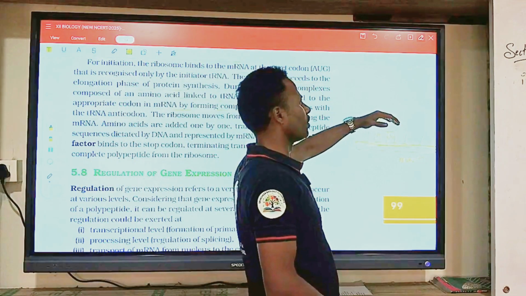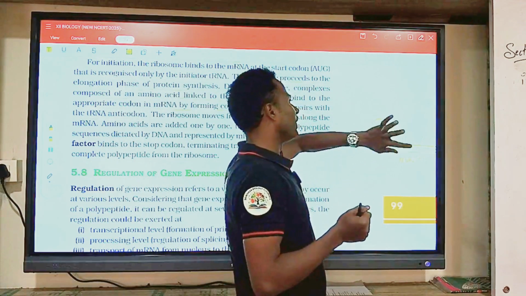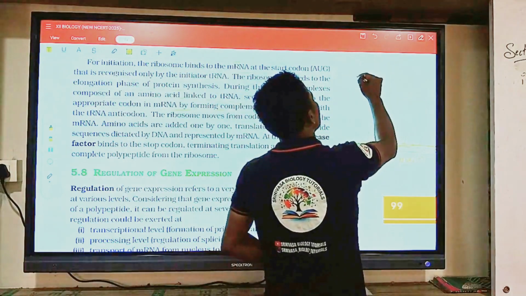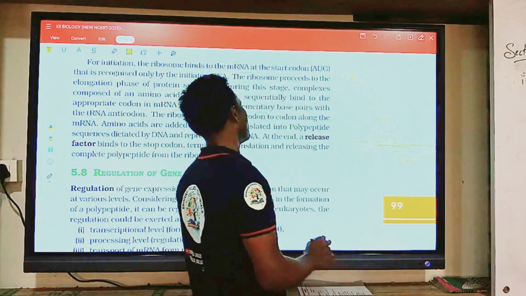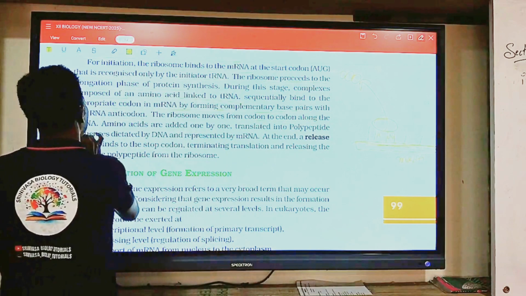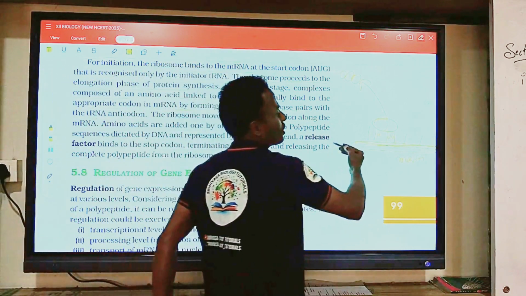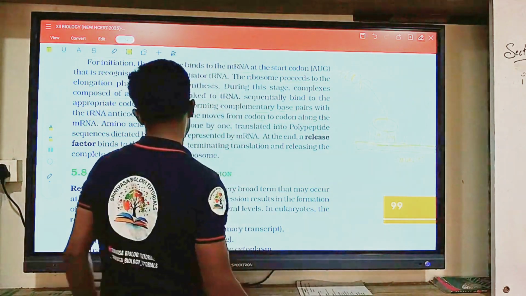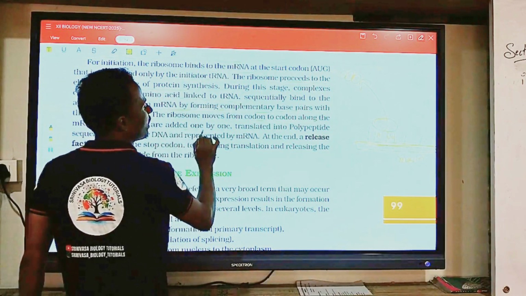The ribosome moves from codon to codon along the mRNA, and the amino acids are added one by one.